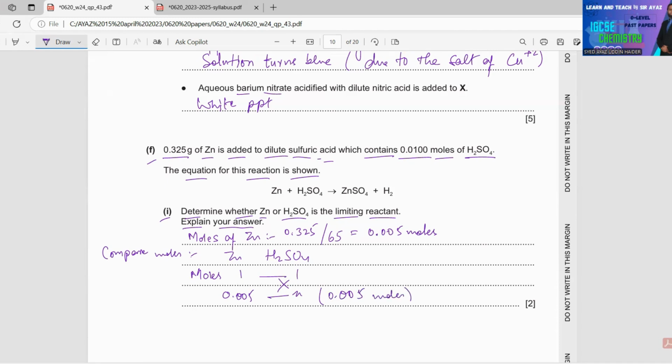Compare it with the moles provided in this question. They gave 0.01 moles. We need 0.005 moles of H2SO4, and they provided us with the higher number of moles. So Zn will be the limiting reactant and H2SO4 is the reactant in excess.